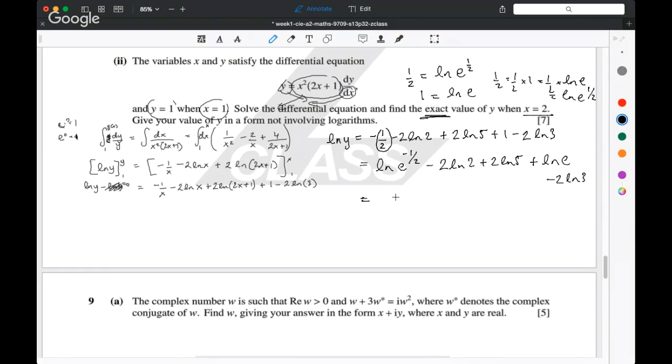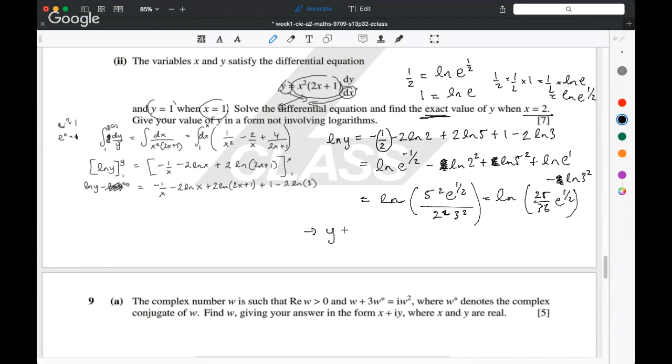And I'm going to bring all the logarithms together, which gives me 2 squared, 5 squared, 3 squared, and so I have the natural log of 5 squared times e to the 1/2, because this is e to the 1, so 1 minus 1/2 is 1/2, over 2 squared times 3 squared, which is the natural log of 25 over 36, e to the 1/2.